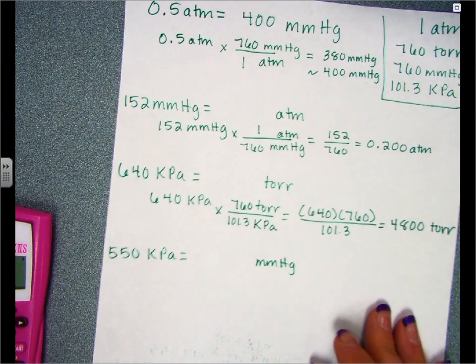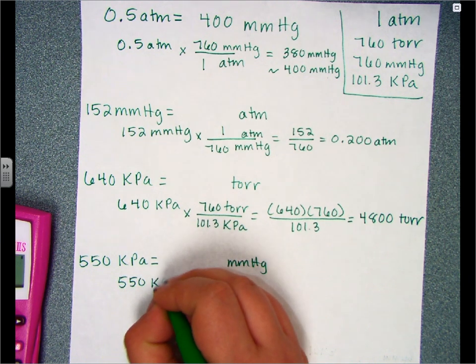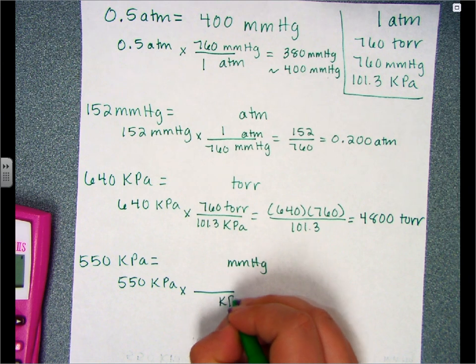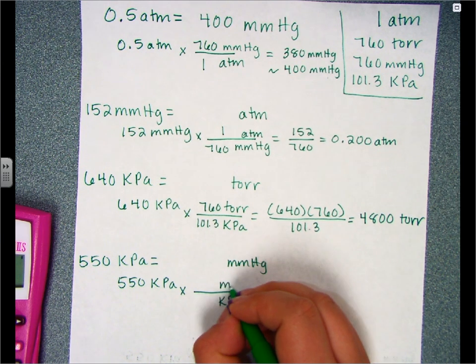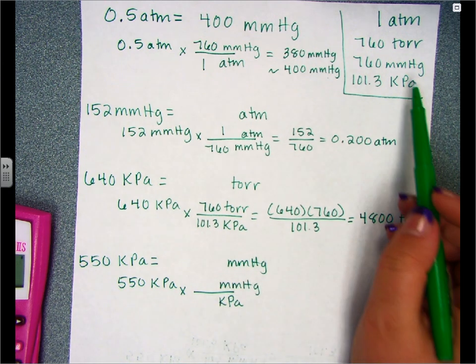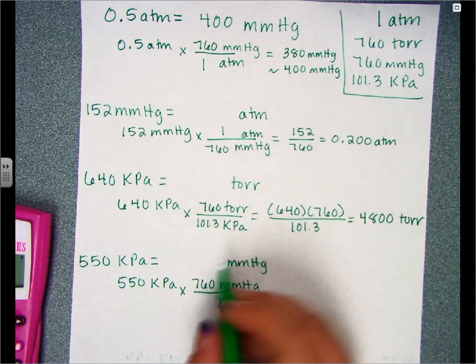And for the last one, I have 550 kPa. kPa goes on the bottom because that's what I'm trying to get rid of. I'm trying to find mmHg, so that's what goes on the top. mmHg has 760. kPa has 101.3.